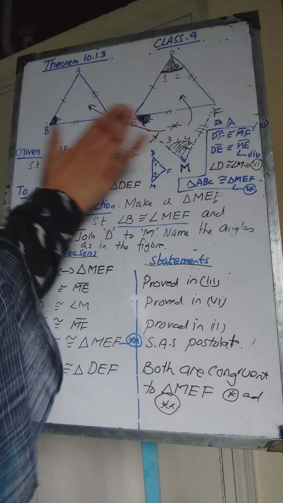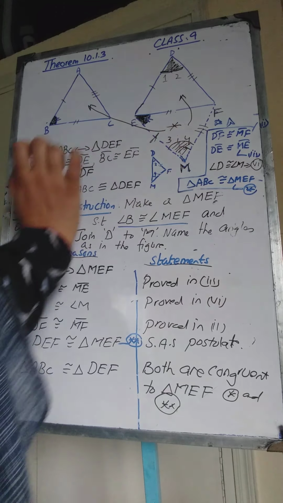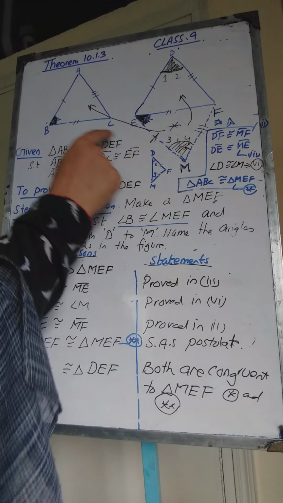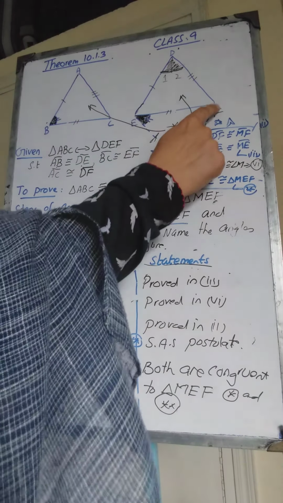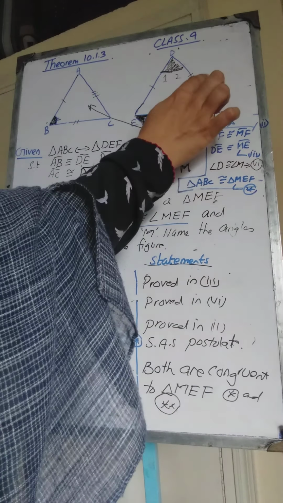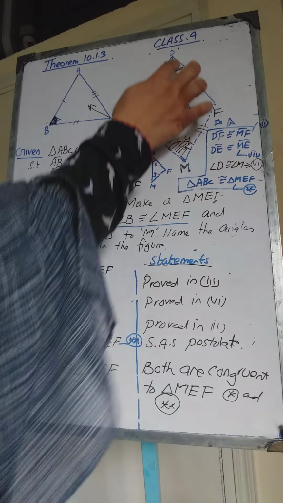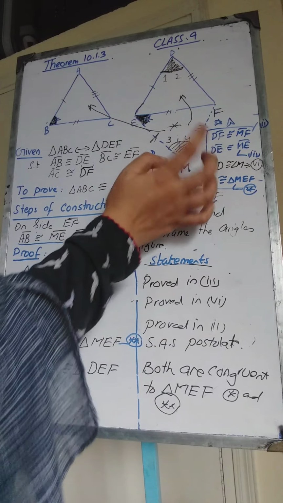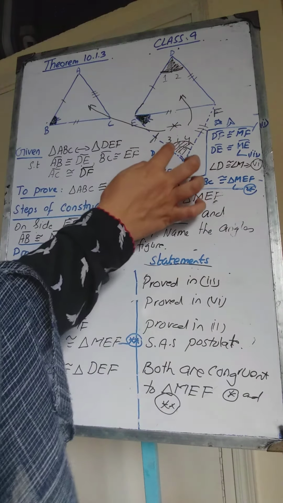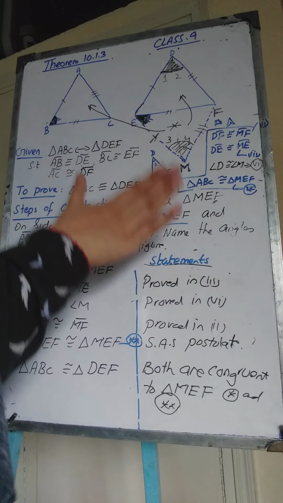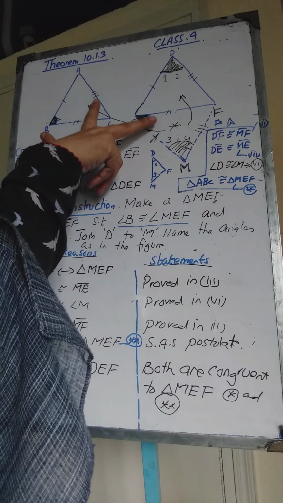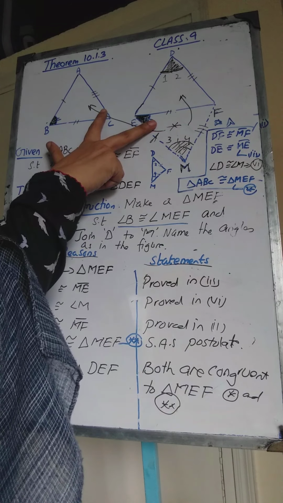So first we proved that ABC is congruent to MEF. Then with the help of this congruency, we got that AC and FM are congruent, but AC was congruent to DF. So FM and DF are congruent. If they are congruent, the angles opposite to them are also congruent. This is what we did next. The next step was to prove that angle D and M are congruent. So we got enough material to prove that these two triangles are also congruent. So first we proved the congruency of these two triangles with the help of SAS postulate.